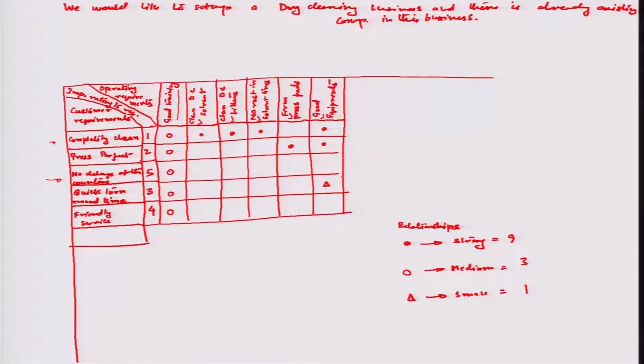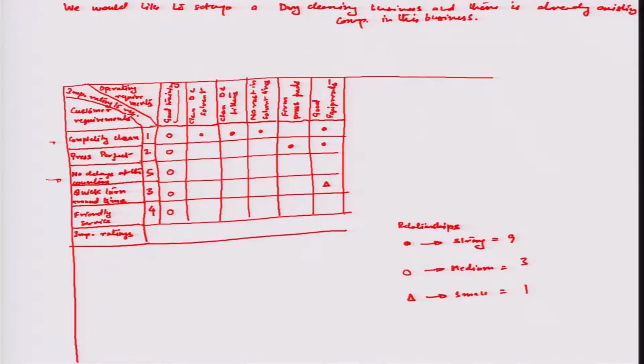We can also give some kind of a weighing to all these different technical specifications like training, clean solvent fluid, or clean filters, or even no rust on the pipelines, or firm press, or good equipments, by putting some numbers. So we can give importance ratings to these hows.